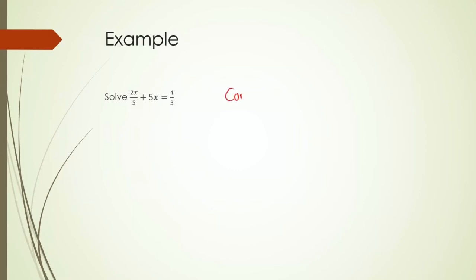So we want to have a common denominator of 15. We find out what that common denominator would be, and then you multiply both sides by that denominator.